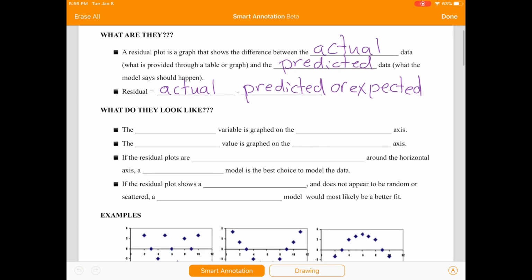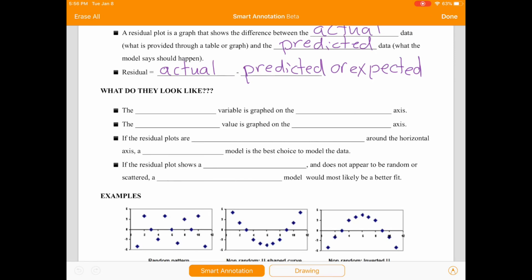So what is this going to look like? The independent variable is going to be graphed on the horizontal axis. When we talk about horizontal, it's going to be the axis that goes from right to left. On a normal graph, when we talk about the axis that goes right to left or left to right, we're talking about our x values.